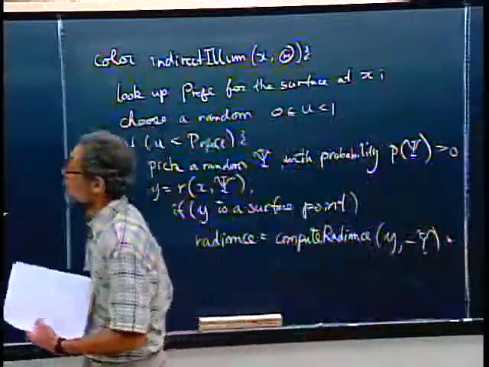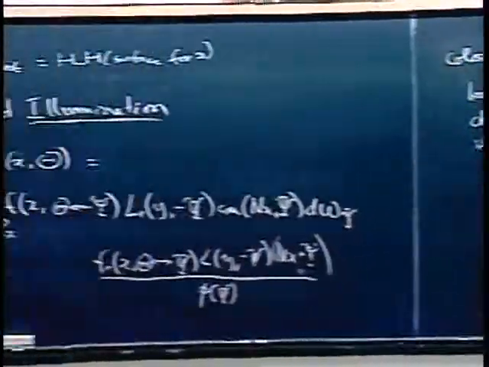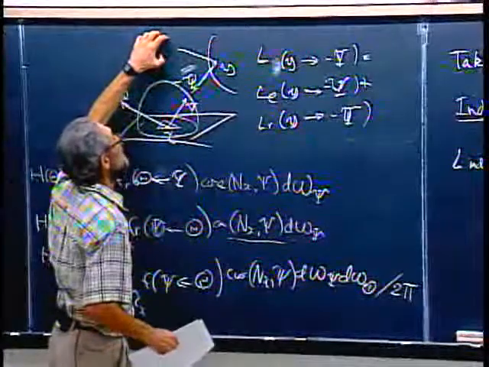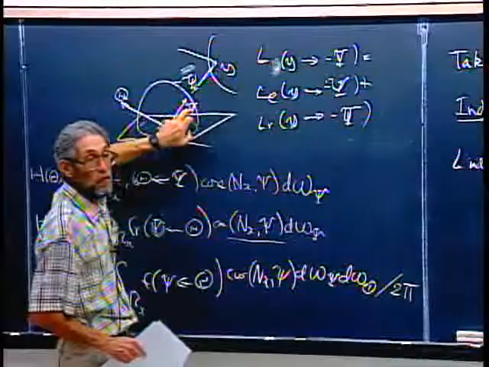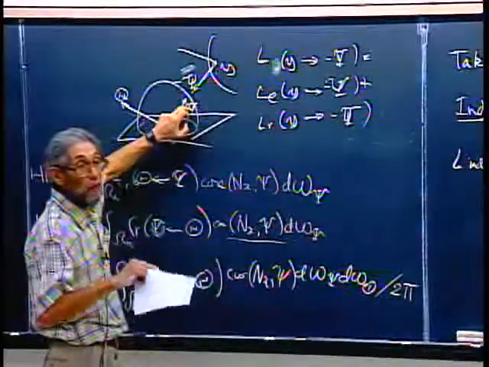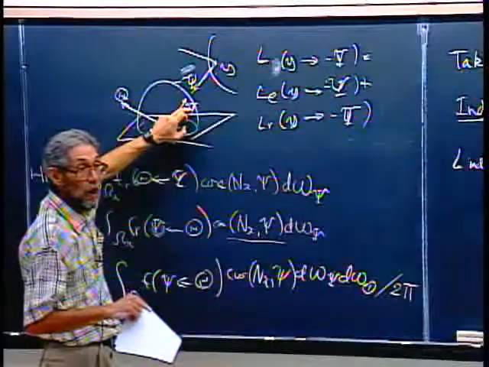And the point is that computeRadiance is going to have to recursively figure out what is the light reflected at y in this direction minus psi. But at that point, it's got to include all the radiance, right?